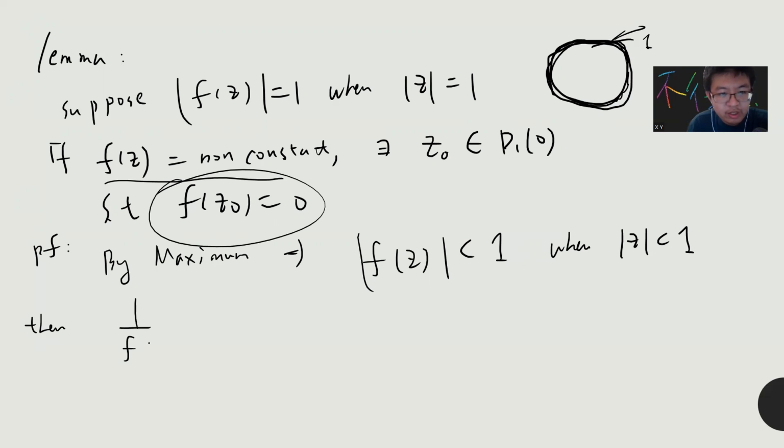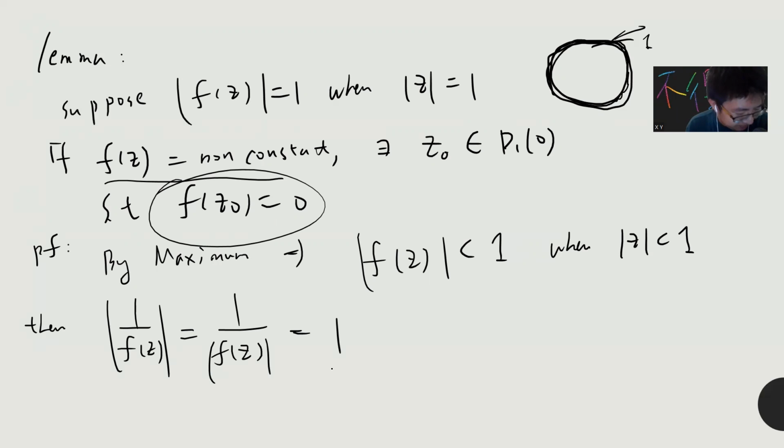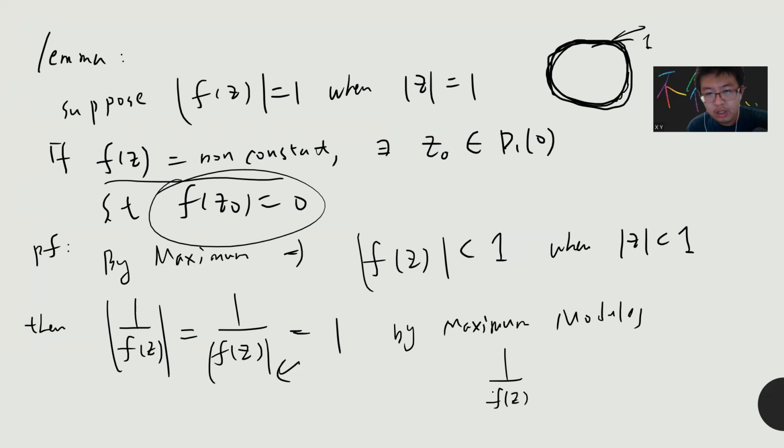Then 1 over f of z is analytic, a simple fact, and on the boundary you also get modulus 1. Then by the same thing, you apply the maximum modulus the second time to 1 over f of z, and you will get |1/f(z)| less than 1 when |z| is less than 1.